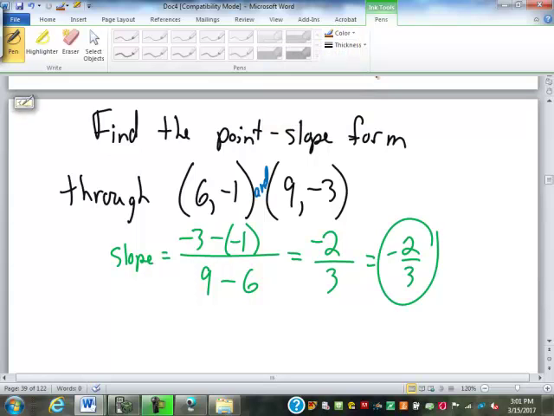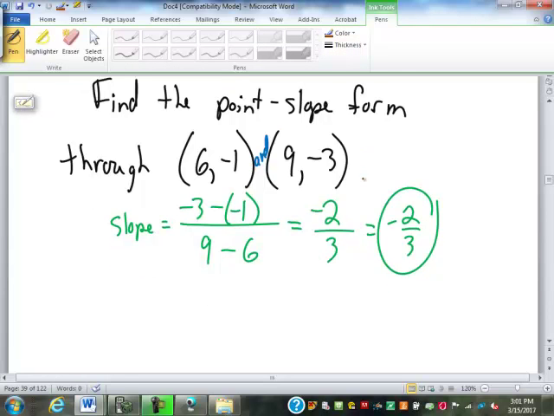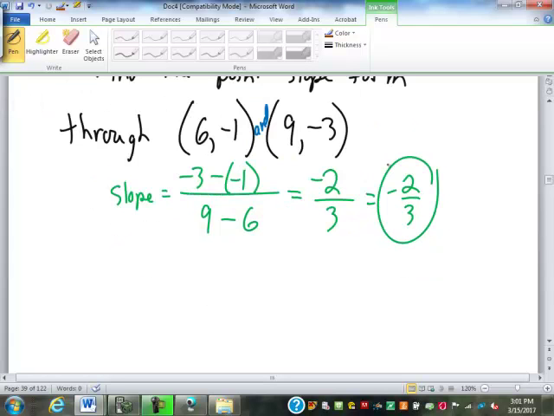So now, to finish the equation, we can use either point. It really doesn't matter. So we're going to get 2 different equations here. Remember, y minus y1. Let's use this point first. So what's going to go after the negative here? Well, y1 is going to be what? Negative 1.